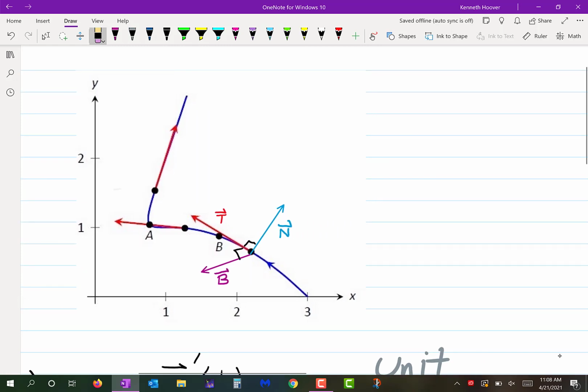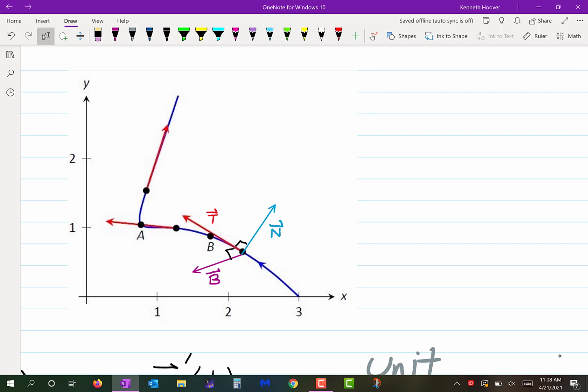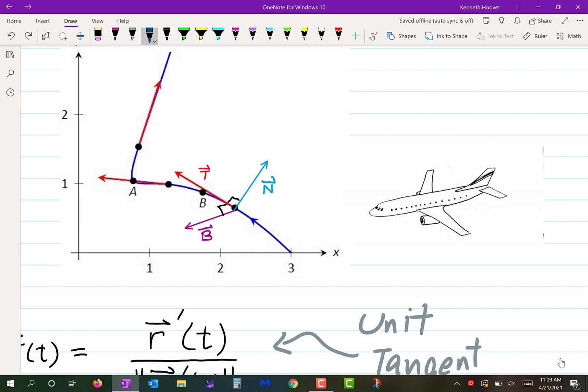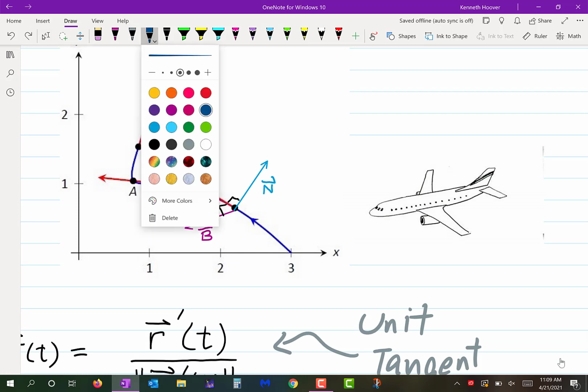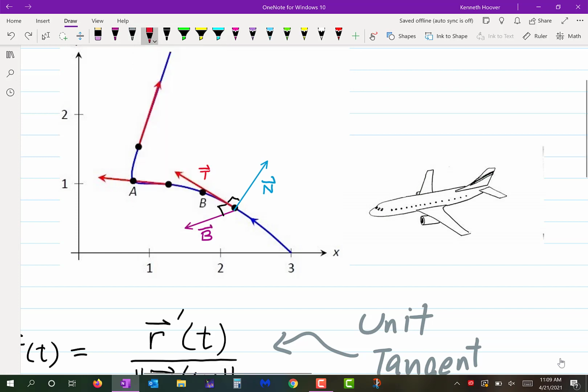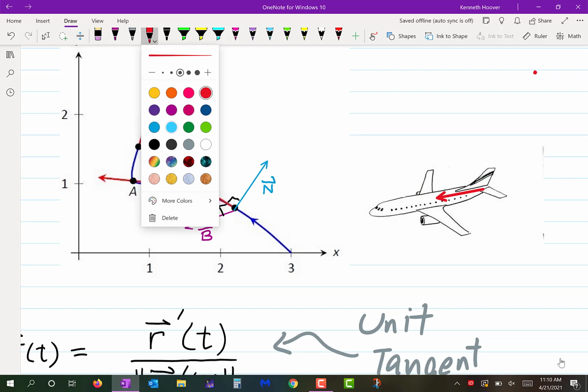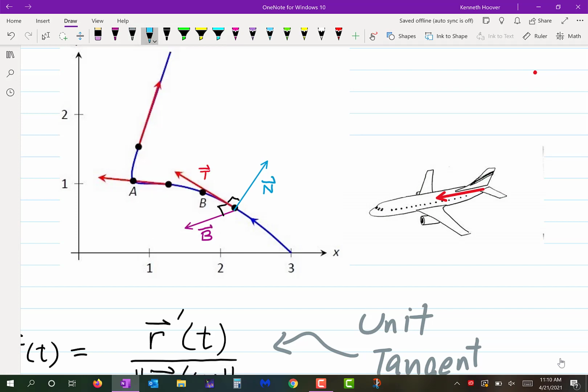So what I do is I imagine that as an airplane flying along the path. And you have here the unit tangent vector pointing along the fuselage of the plane. So that shows you the direction the plane is traveling. And then you have the unit normal vector, I imagine, as the tail fin, or whatever you call that. Oops, hang on a second.